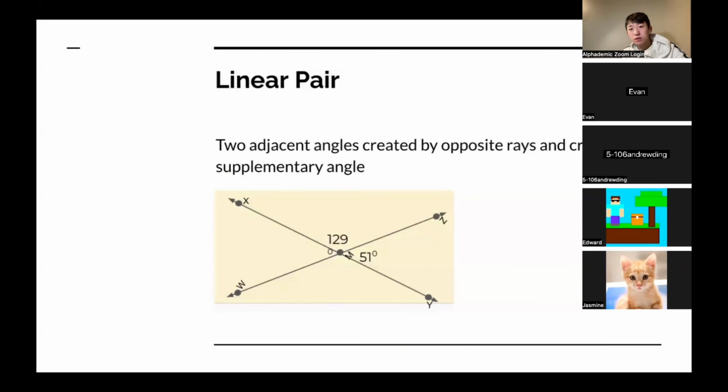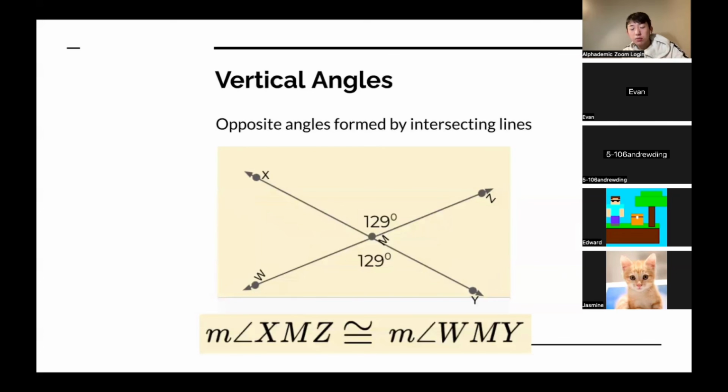All right. And then lastly, we have vertical angles, which are opposite angles formed by intersecting lines. These vertical angles will always be congruent to one another, or equal to one another. So as you can see, the measure of XMZ is equal to the measure of WMY, sorry.